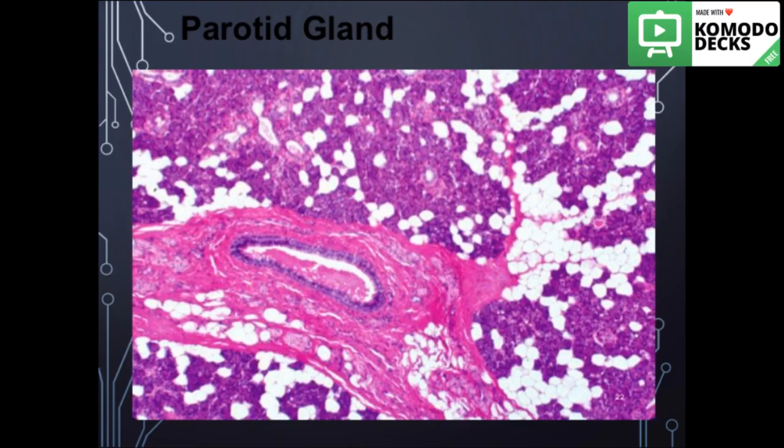The collecting duct of the parotid gland has a mucosa and a connective tissue adventitia around. Smaller ducts that are found are the striated ducts.